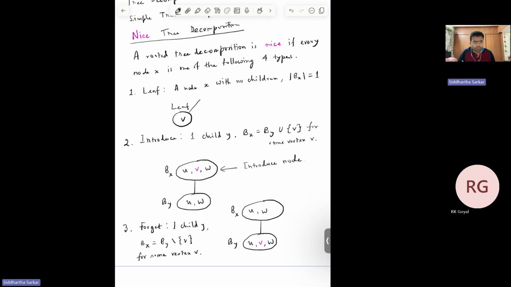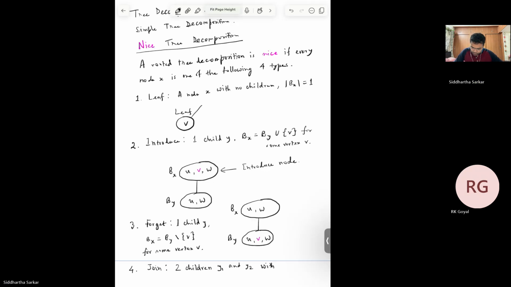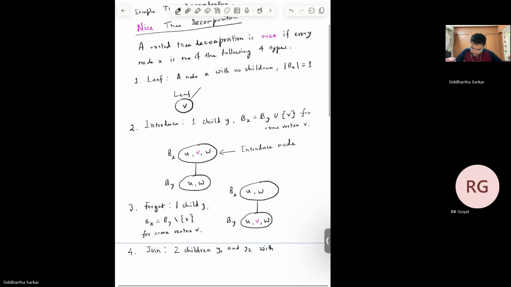The last thing is called a join node. A join node is a node having two children, y1 and y2, such that the bags of both the children are exactly the same.